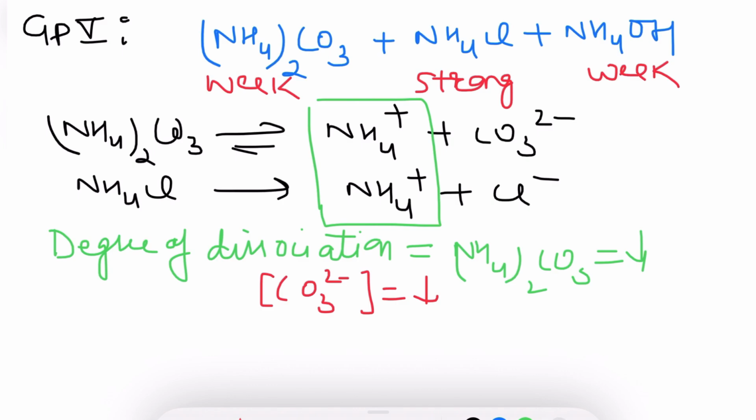But that concentration is sufficient to make the ionic product more than the solubility product. Hence, group 5 radicals are precipitated out in the form of carbonate.